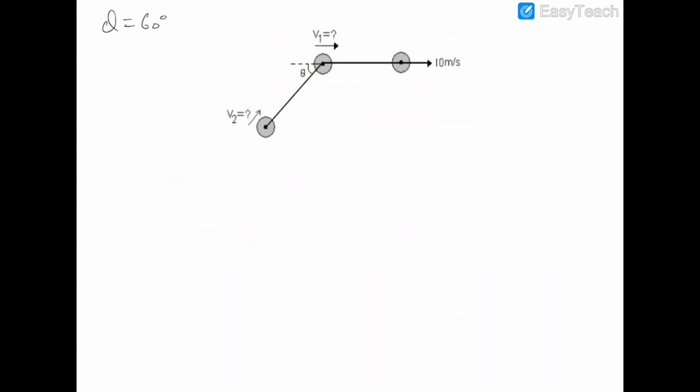In this problem, we can see that this ball is moving with 10 meters per second. This ball is moving with v1, and at the instant when this theta is 60 degree, this ball is also moving with v2 along the rope.